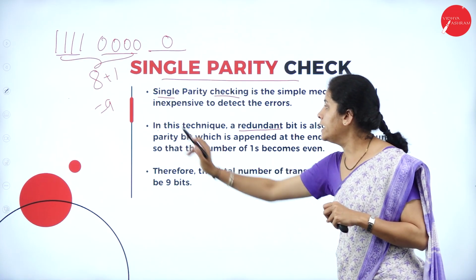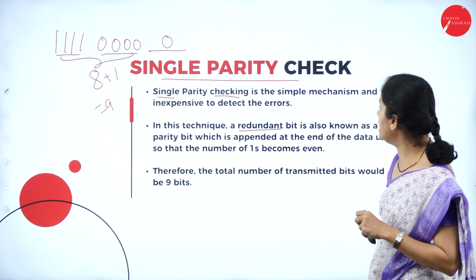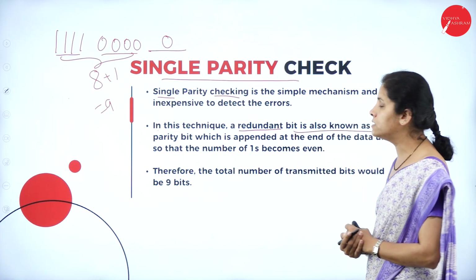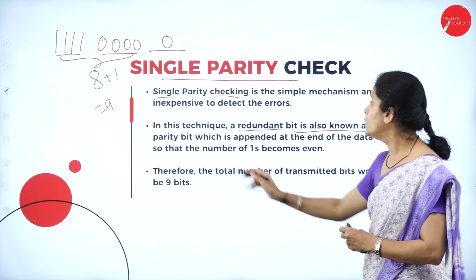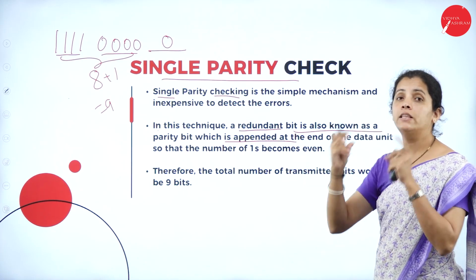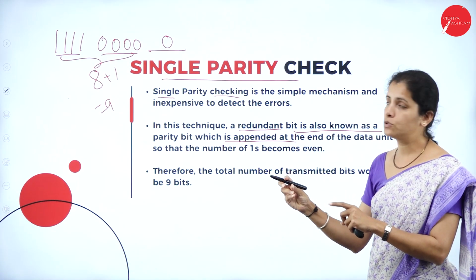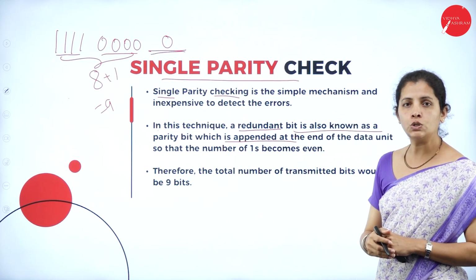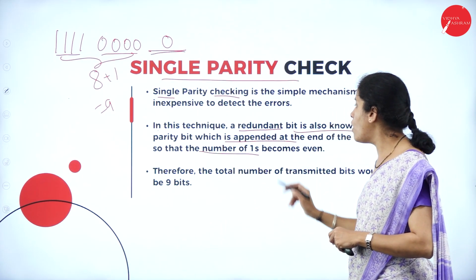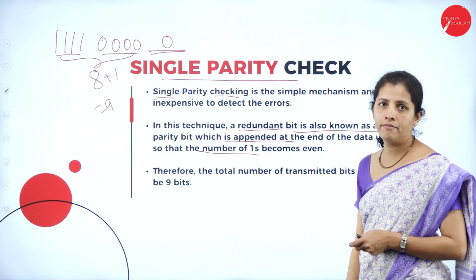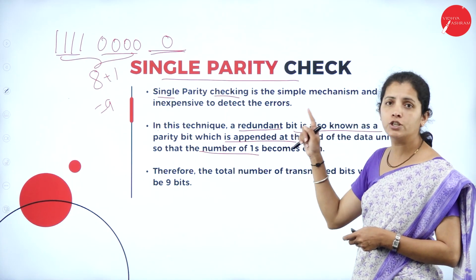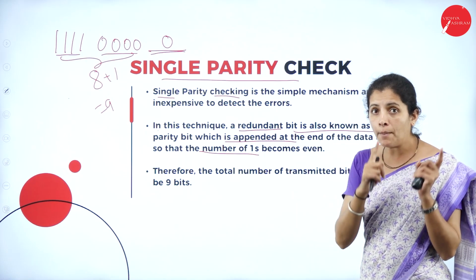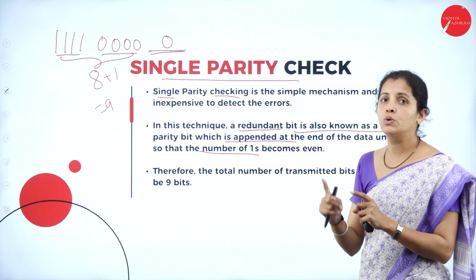Okay, fine. So in this technique, a redundant bit known as a parity bit is appended at the end of the data bits, so that the number of 1s becomes even. Here my intention is to make the number of ones an even number.